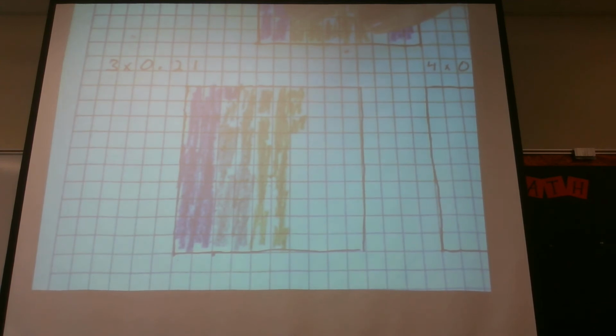Which gives me a total of what, Regan? I can count them. 10, 20, 30, 40, 50, 60. Count. 63 hundredths. Good. So this is one way to solve problems like this.